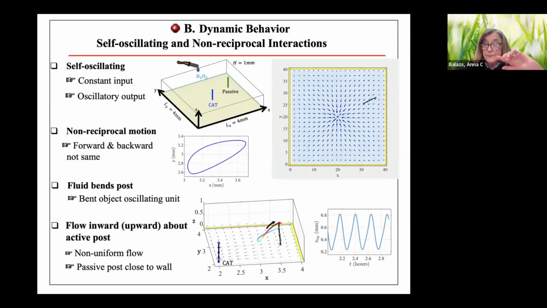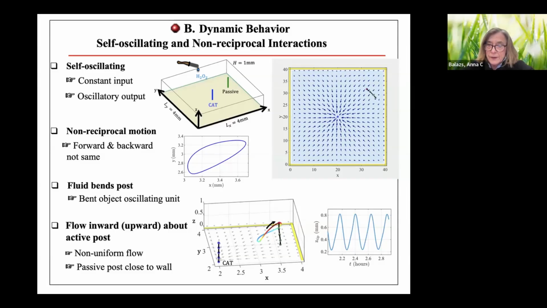The active pillar is standing straight, but the passive pillar is responding to the fluid flow generated by the active pillar, doing this oscillatory motion. And the motion is non-reciprocal. You can see that on the left. The forward motion is not the same as the back. That's just following the tip of the active one.